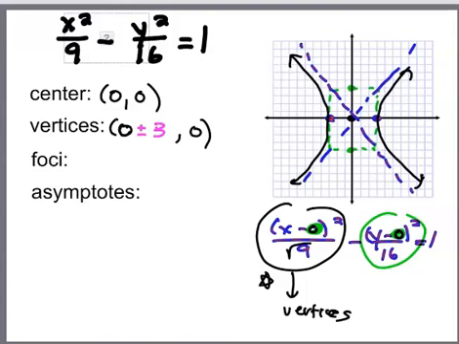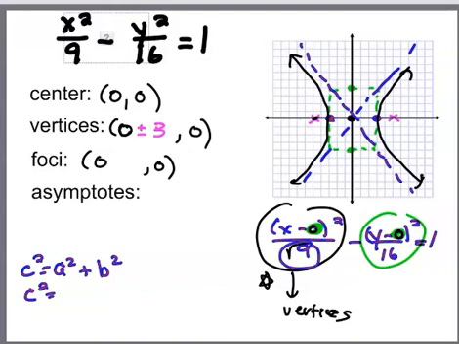The foci, again, have to be inside here. They have to be somewhere inside the curves. So that means I go right, left. So to get to the vertices, I added and subtracted onto x, and that's going to be the same with the foci. How do I find the foci? Well, we're going to go a squared plus b squared. So basically, square root of 9 is 3 squared.